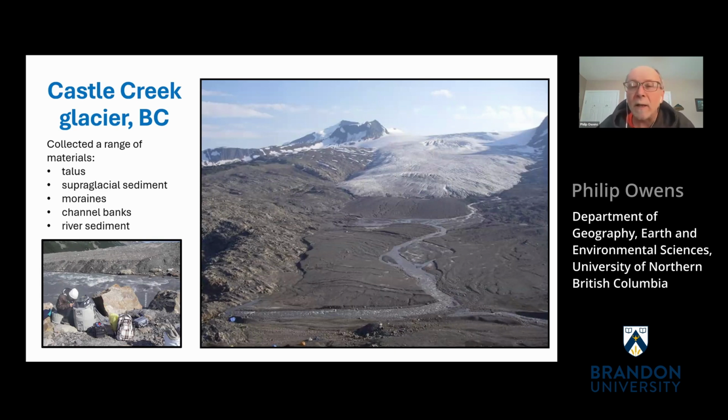We were interested in this environment for a variety of reasons. One was to understand how the proglacial environment, the area in front of the glacier, is behaving with this retreating glacier. Hopefully you can pick out where the glacier is located. Obviously, it's the white stuff at the back. But you can see there's a bunch of tents at the bottom of the photograph here, that's where the glacier used to be, 50, 60 years ago.